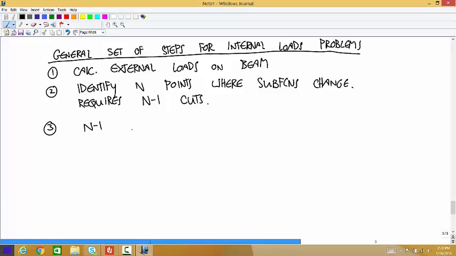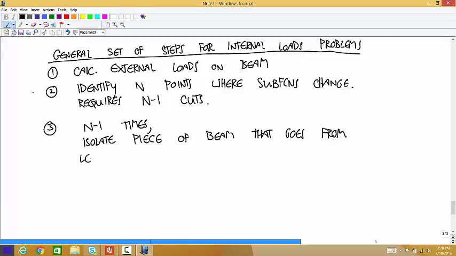So third, n minus 1 times, isolate a piece of the beam that goes from the left endpoint to somewhere between those boundary points.